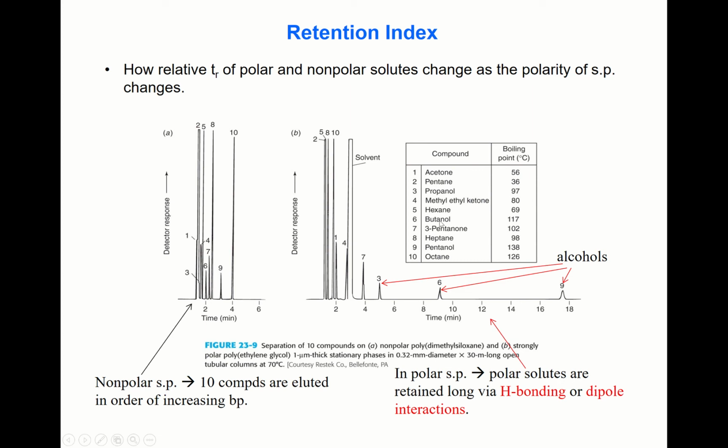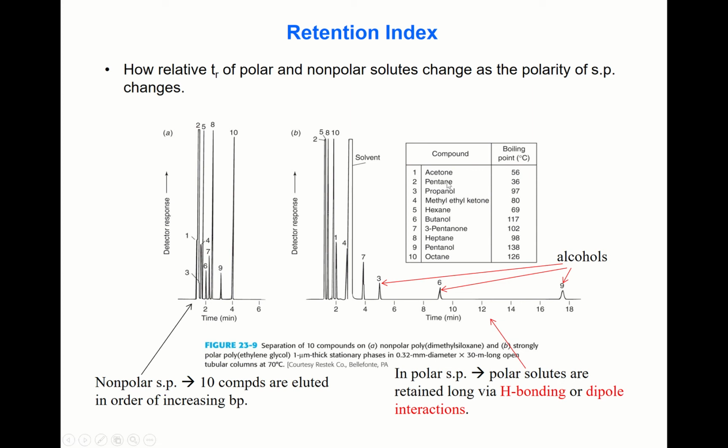Because pentane is strictly non-polar and small, so it doesn't retain in this strongly polar stationary phase. It virtually does not interact with the stationary phase, so it comes first.